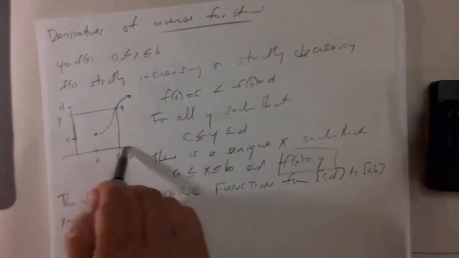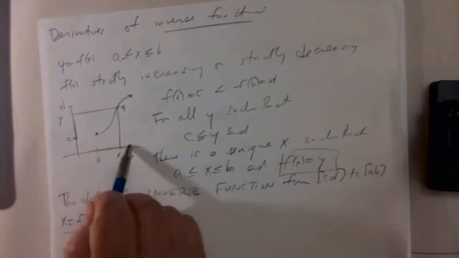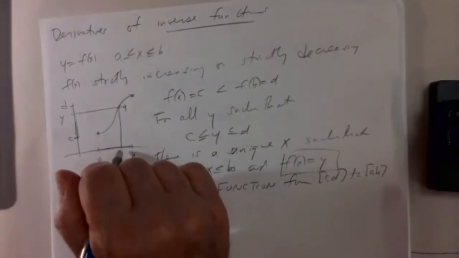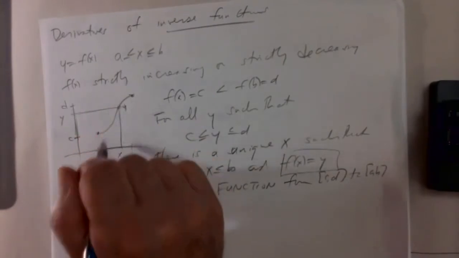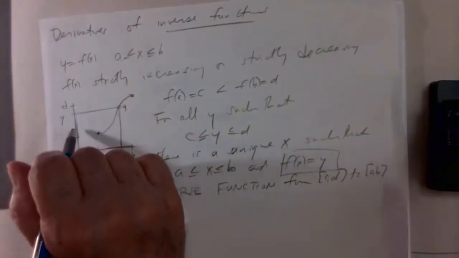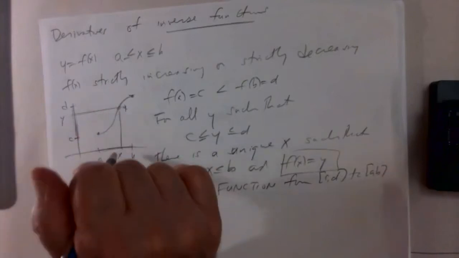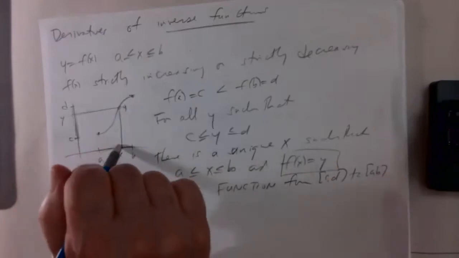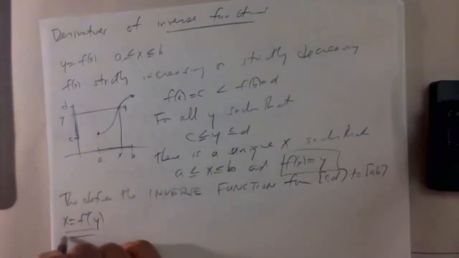So we start with the function f, which maps this interval into this interval, but it does it in a way which is sort of one-to-one. For every x, there's exactly one y, and for every y, it comes from exactly one x. So if I give you this y and I say find the x, that's a function, and that's called the inverse function.